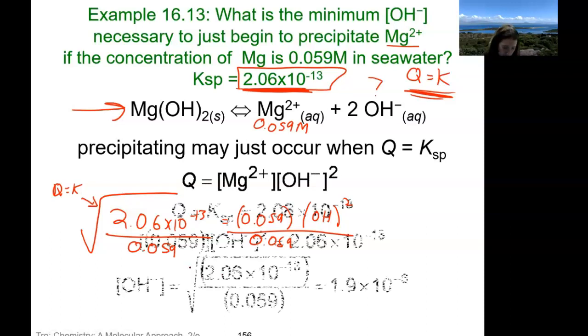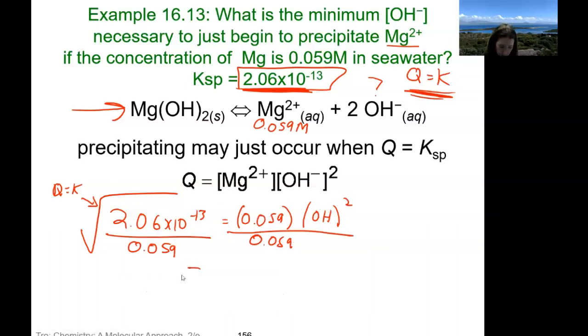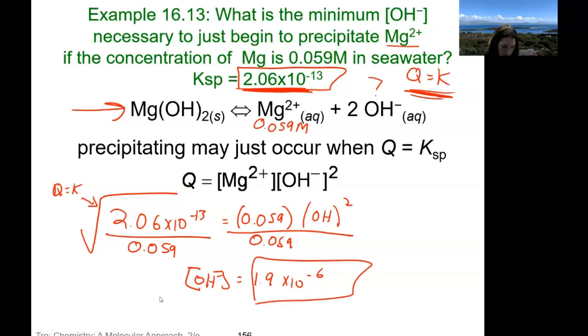You get the concentration of OH is equal to 1.9 times 10 to the negative 6. So that is the molarity. The minimum molarity for OH is 1.9 times 10 to the minus 6 molar.